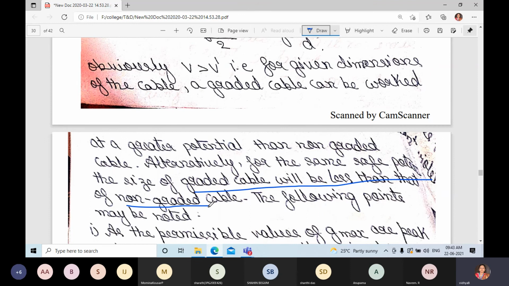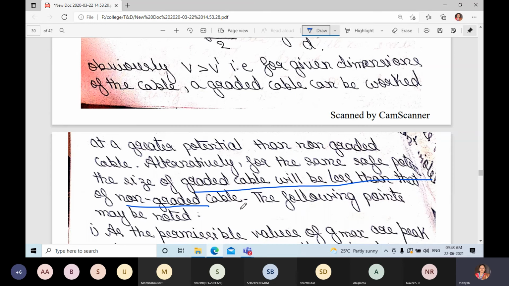What they are saying is a graded cable can be worked at a greater potential than a non-graded cable. At the same time, for the same safe potential, the size of the graded cable will be less than that of the non-graded cable.